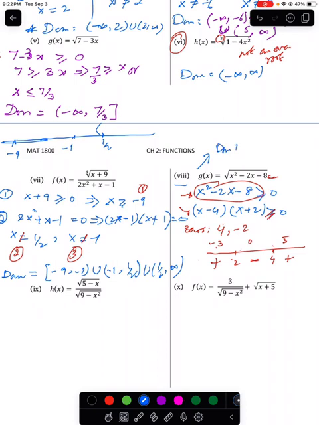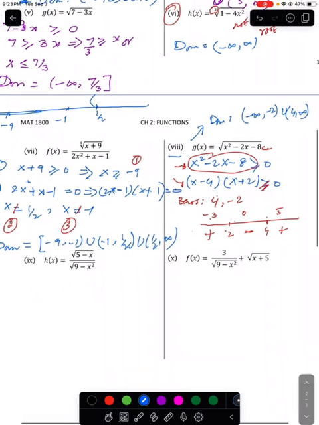Domain: negative infinity to negative 2 union 4 to infinity. So if you are getting a quadratic function inside the square root, you have to use a sign chart.